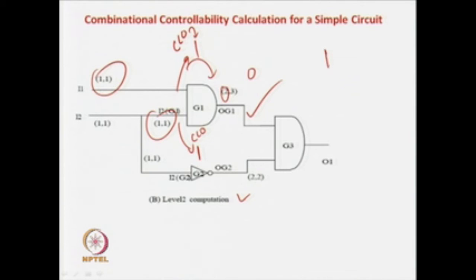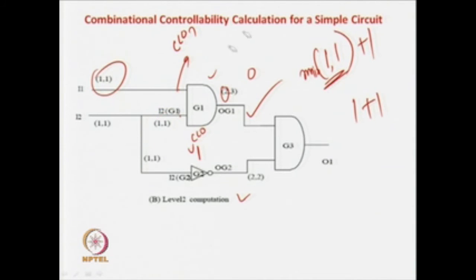That is the minimum of 1 comma 1, that is, the combinational controllability of 0 at this net and the combinational controllability of 0 at this net. You take the minimum, plus 1 for a level shift. So, the minimum of 1 and 1 is 1, plus 1 gives 2 over here. So, the combinational controllability of 0 at this net is 2.